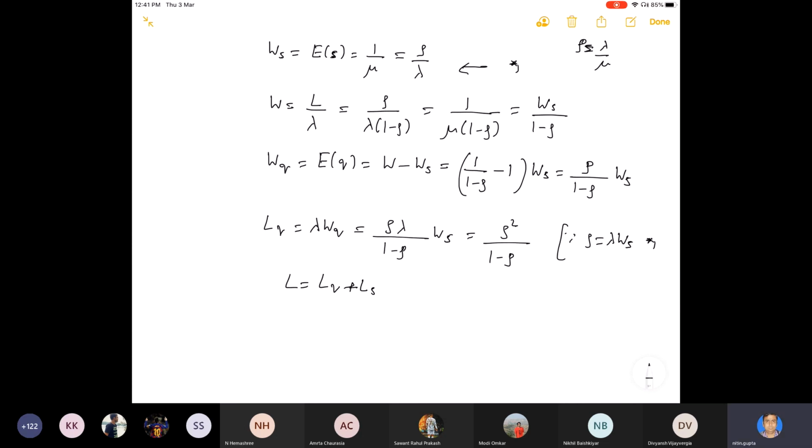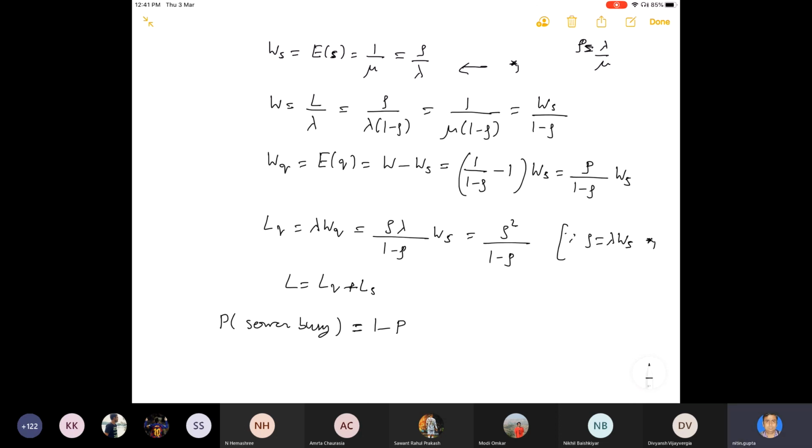Okay, so what is the probability that the server is busy? This is 1 minus the probability that the server is empty, because only one server is there.